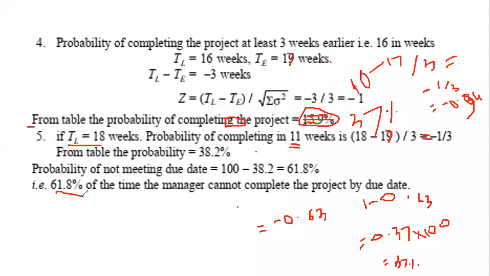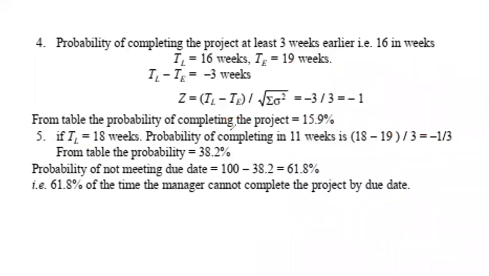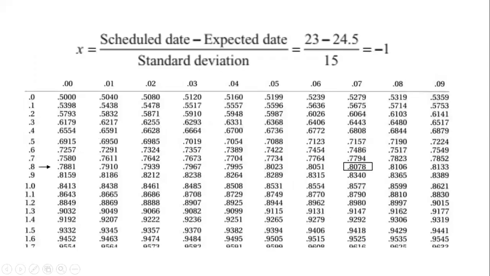Okay, so everything is related to this particular table. I hope you are looking at this table. In the exam, either this table is provided to you or you can directly calculate on the calculator.